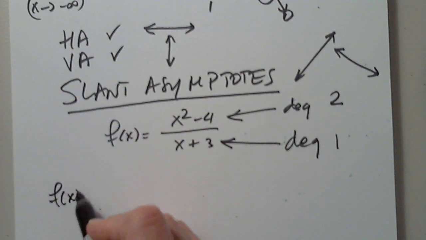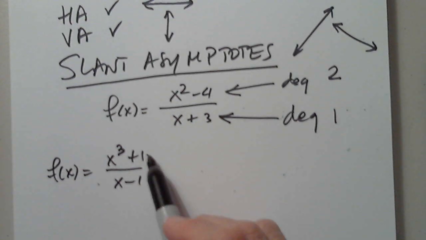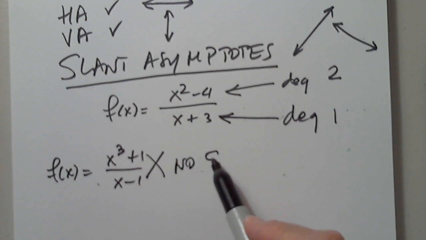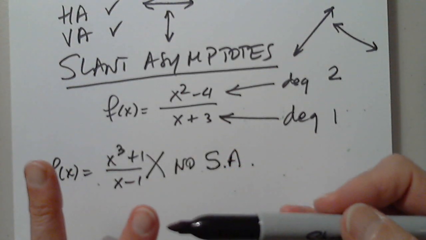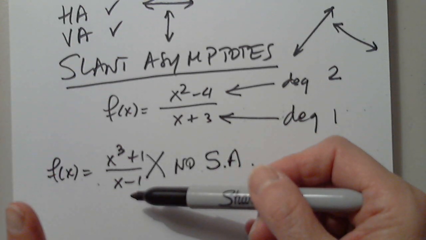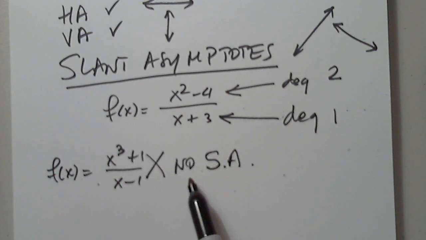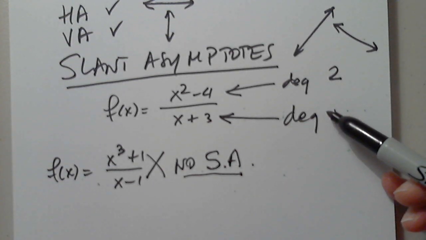This function, x to the third plus 1 over x minus 1, will not have a slant asymptote because the difference in degree is 2. The degree of the top is 3. The degree of the denominator is 1. So 3 over 1 will not give us a line. 2 over 1 will.